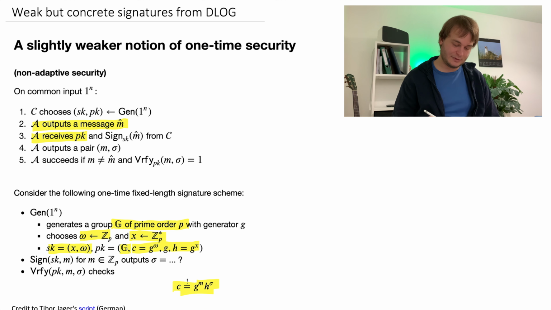Okay, so let's write down what this actually is. Essentially, we know that C is equal to g to the omega, and this is supposed to be equal to g to the m times h, where h is g to the x, raised to the sigma.